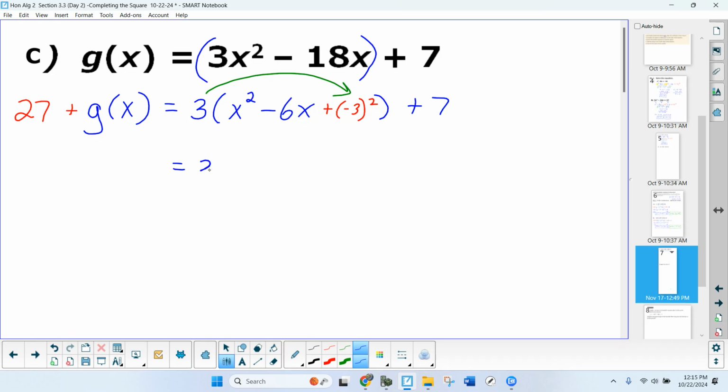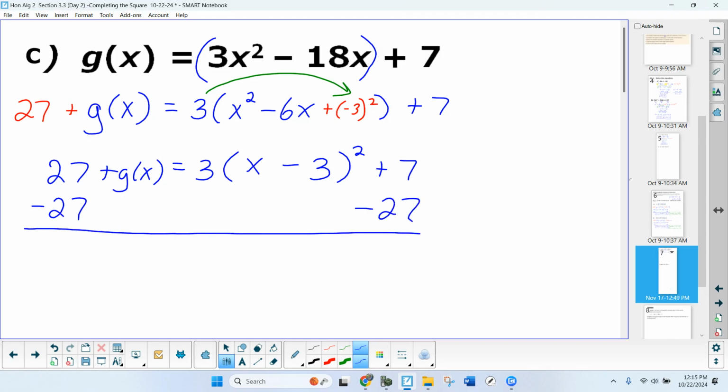Now it's just the same. I have 3 on the outside. What does this factor into? X minus 3 quantity squared plus 7. I still have 27 plus g of x. What are you guys going to do now to get g of x by itself? Subtract 27.